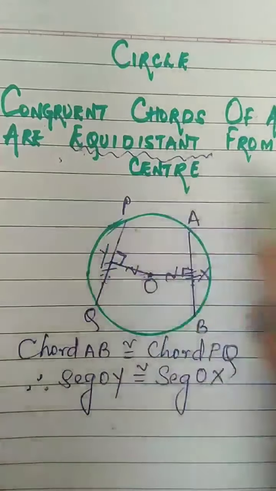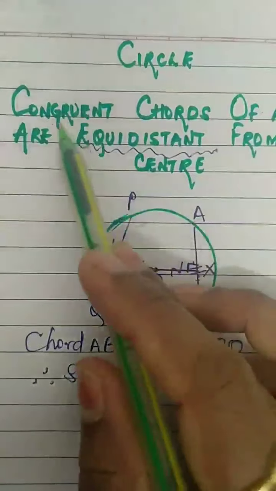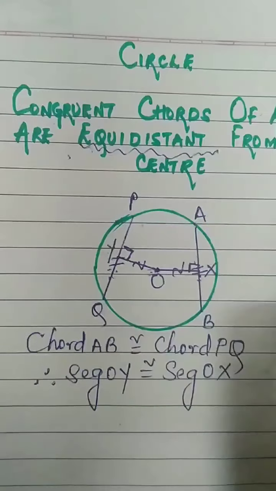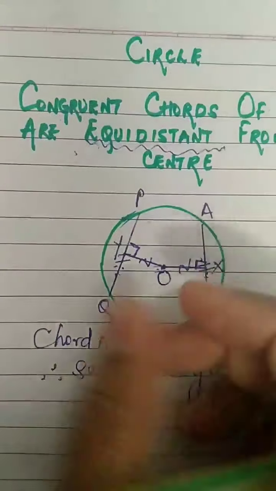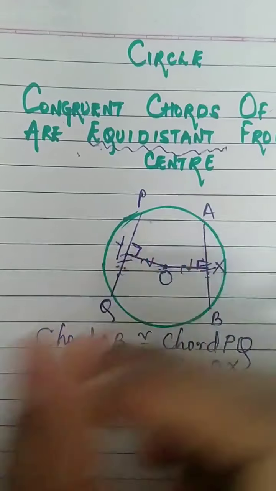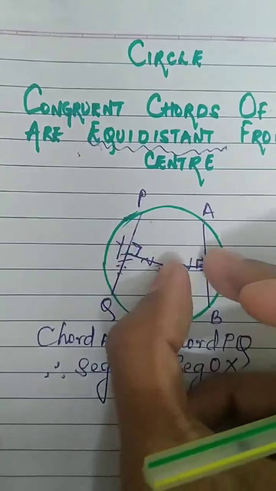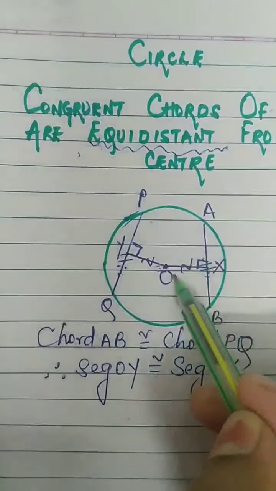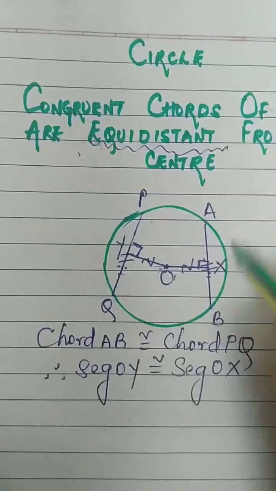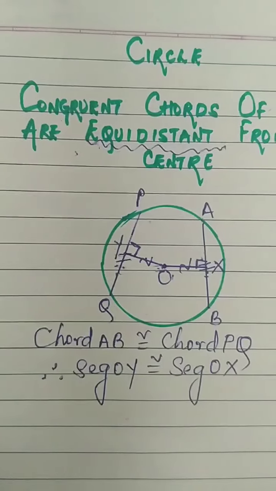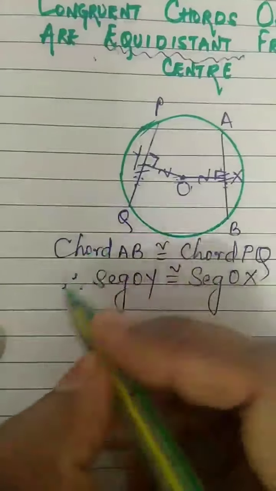Now let us see the opposite of this, the converse. Here congruent chords were given. The converse means, now this distance will be given. If the distance of the chords from the center are equal, that means the chords are congruent. So what will be the second property?